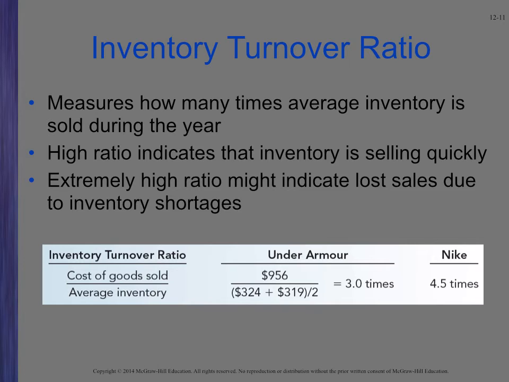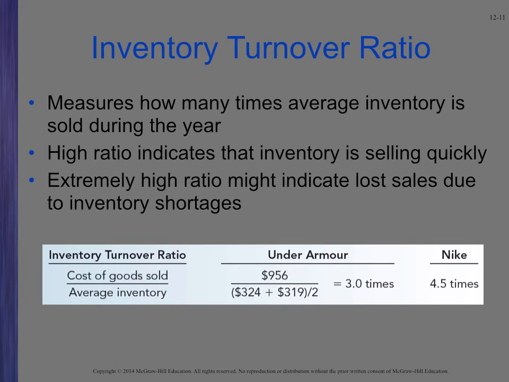A higher inventory turnover ratio indicates that inventory is selling quickly, meaning that less cash is tied up in inventory, and the risk of outdated inventory is low. So in other words, a higher ratio is generally a positive sign.